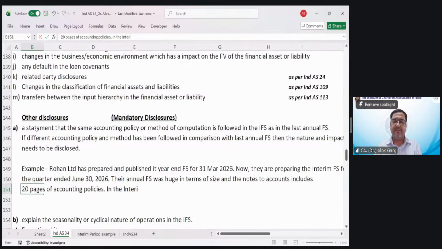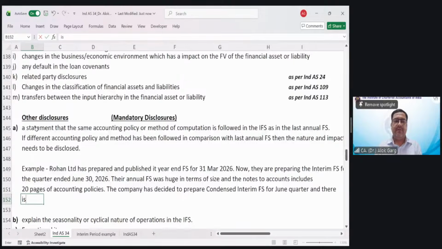In the interim FS, the company has decided to prepare condensed interim FS for the June quarter, and there is no change in the accounting policies after March.